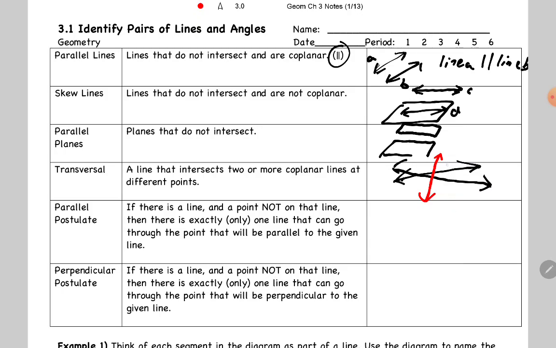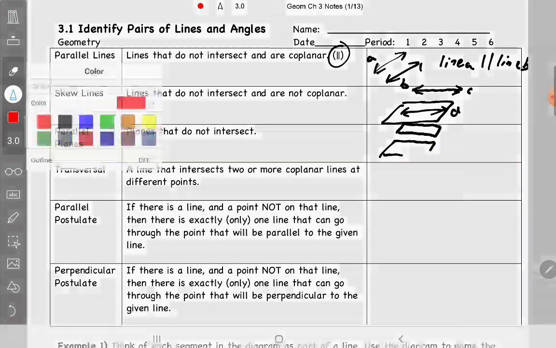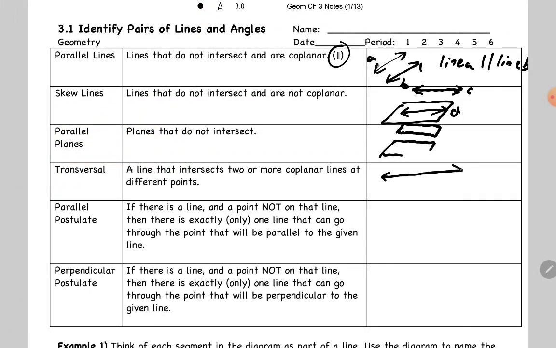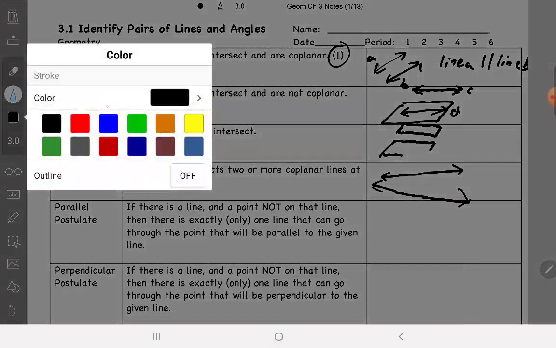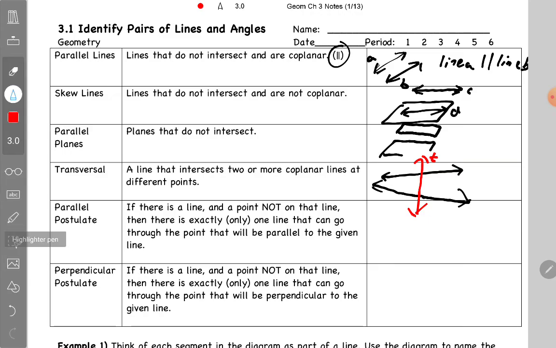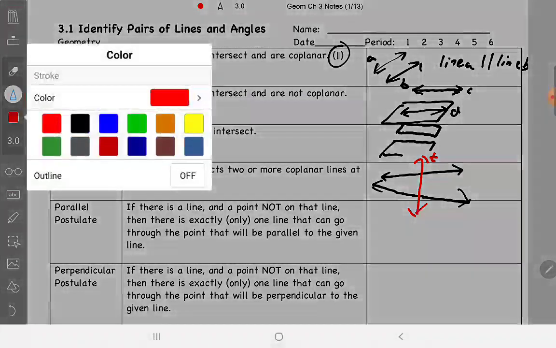Let me do one more picture. Transversal is line T, and it intersects two or more lines at different points.